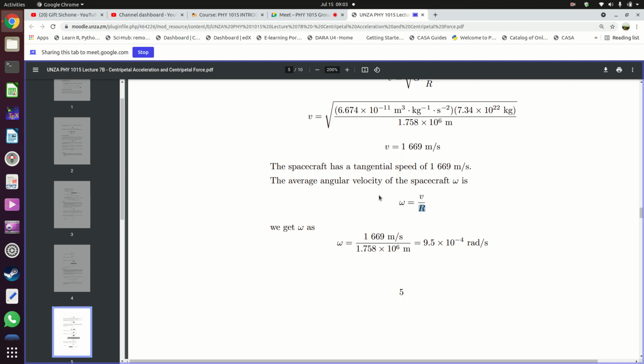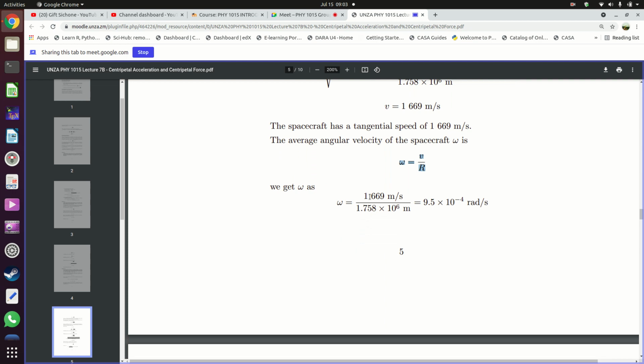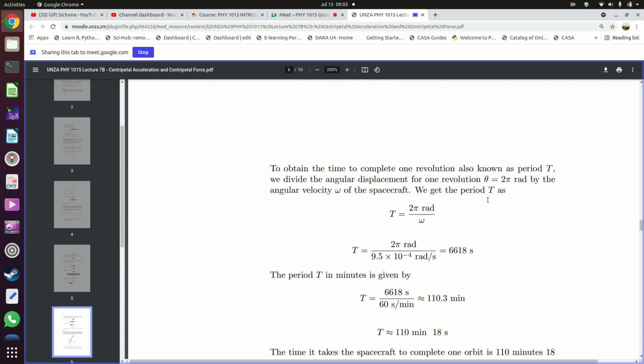So from v equals r omega, we get omega equals v divided by r. So we work out the angular velocity: 1,669 meters per second divided by the radius. We end up with this as our angular velocity. That's how fast the craft is moving.